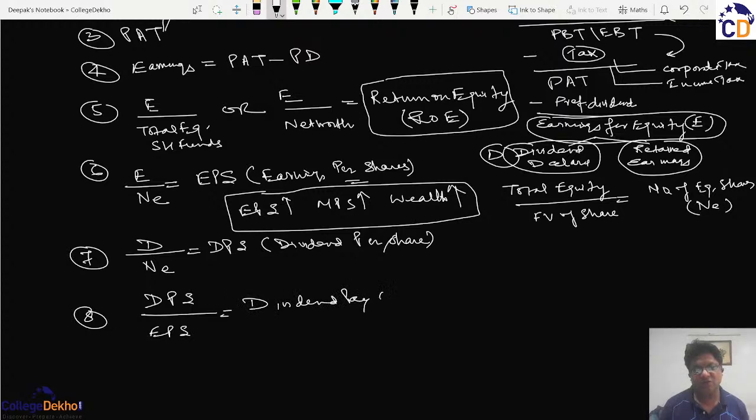As per Gordon's model, a high DP ratio shall increase the market price of the share, that is, cause a high fair value for the equity under consideration.